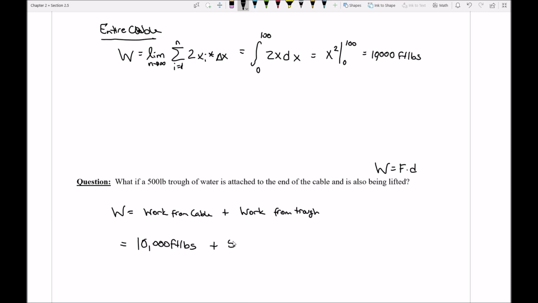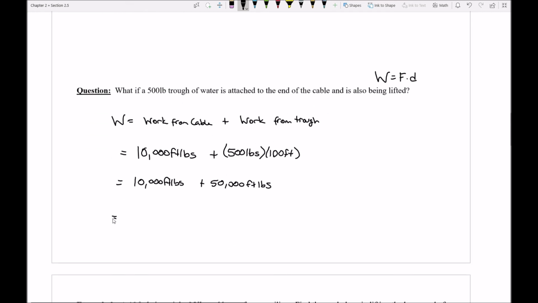And so my force is going to be 500 pounds multiplied over the distance of 100 feet. And so I end up with 10,000 foot-pounds of work for the cable, but I end up with 50,000 foot-pounds of work for the trough. And so, of course, that gives me a grand total of 60,000 foot-pounds of work.